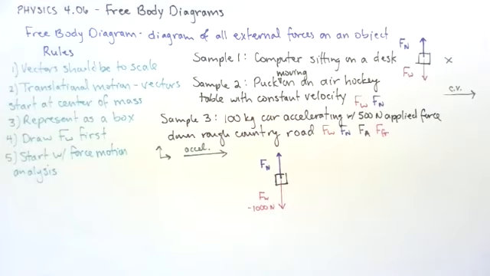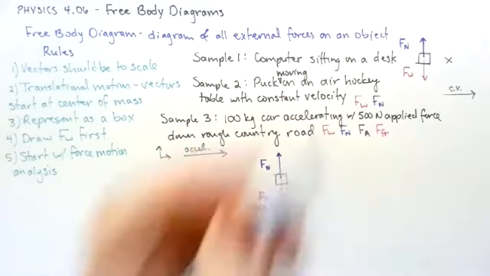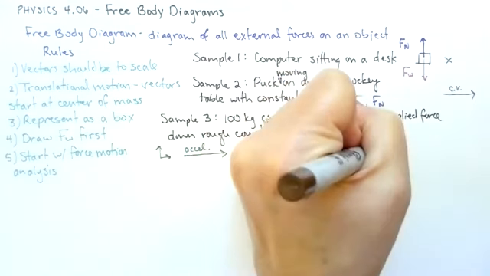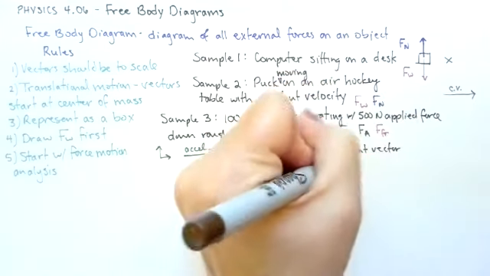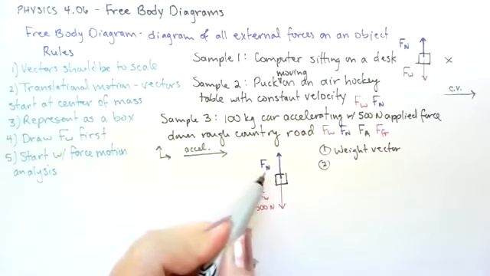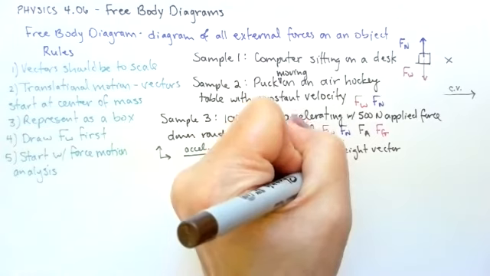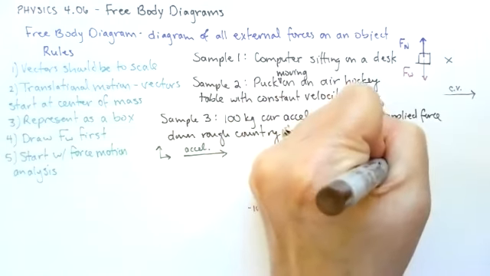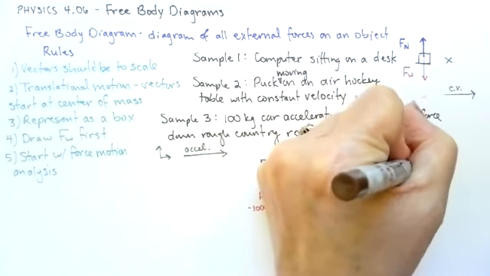Let me list out some steps. So step number 1, I did my weight vector. 2, I had to determine how big my normal force should be. So I did my Fn next. And I knew that had to be equal and opposite.